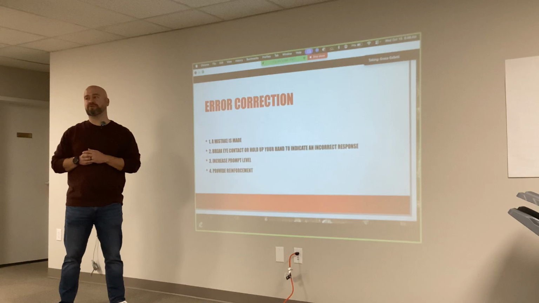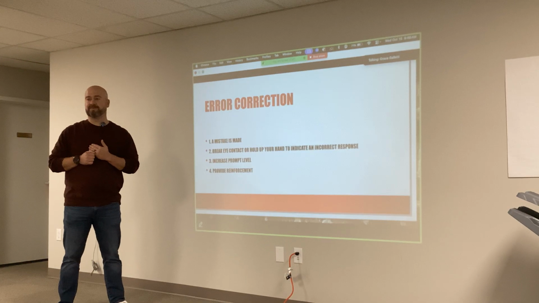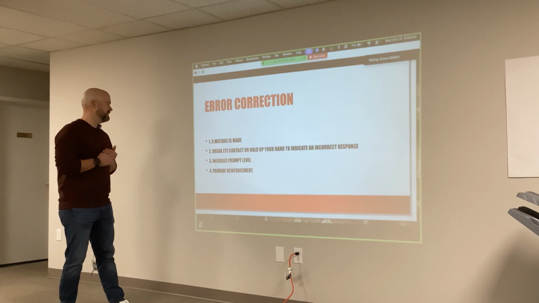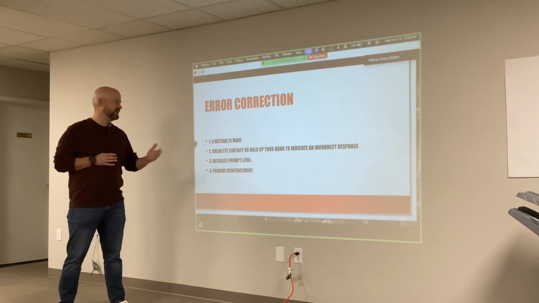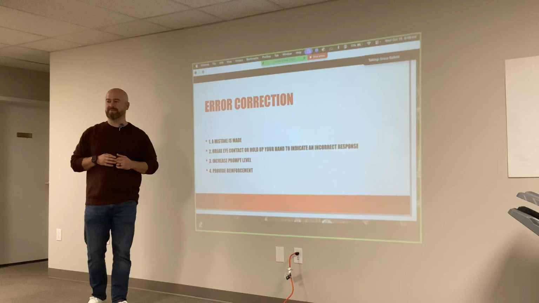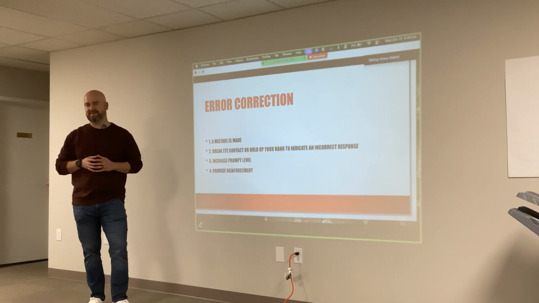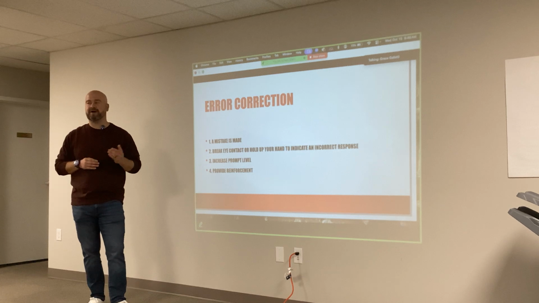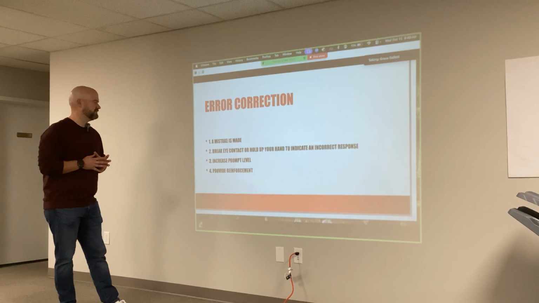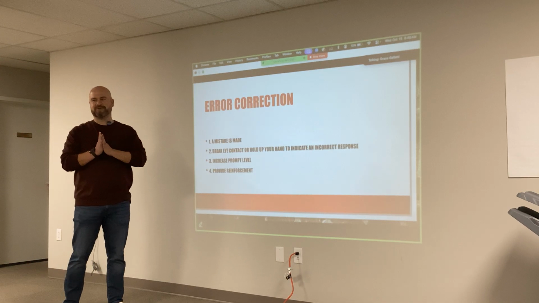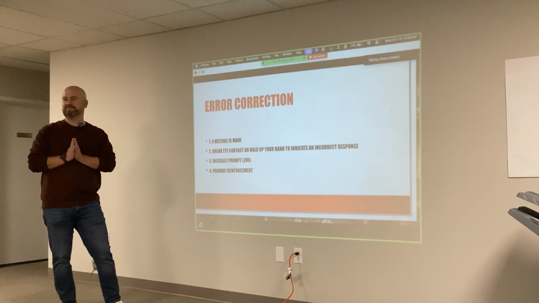And the more intrusive prompt might be more reliable to generate the behavior at that time. If the learner engages in that correct response, then I'm going to just simply provide reinforcement and rinse and repeat. So basically what I'm doing is increasing my prompt level to ensure that the VIP engages in the behavior I'd like to see. And then I'm going to provide reinforcement for a job well done.